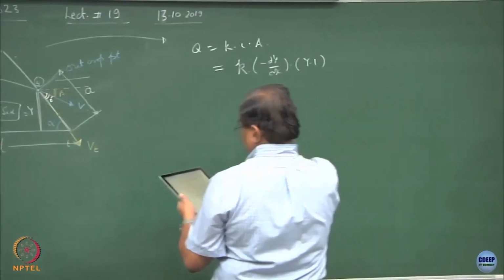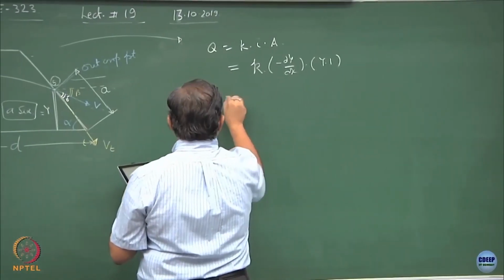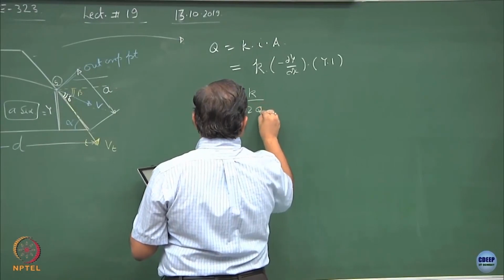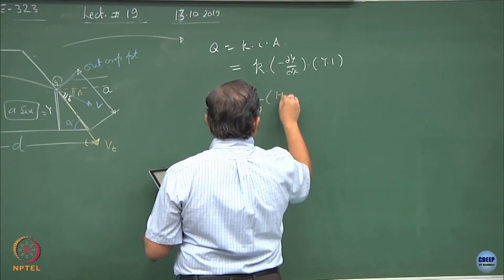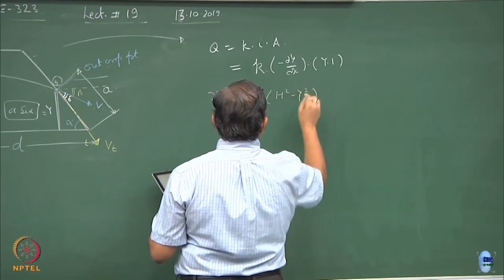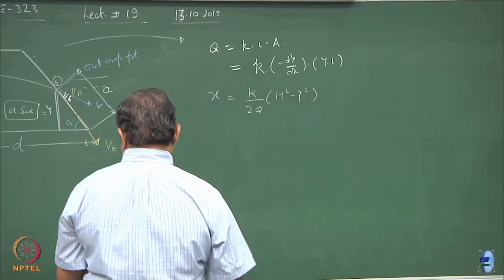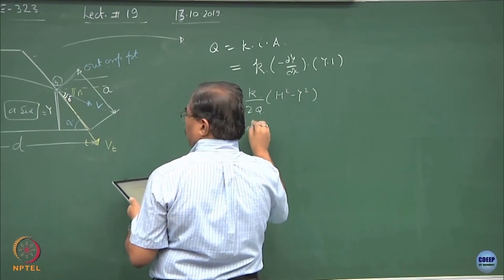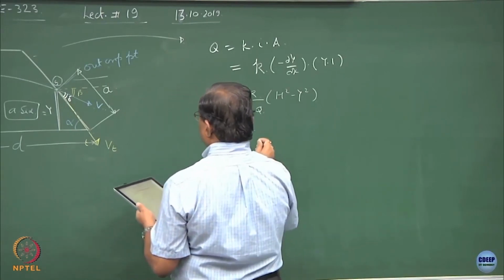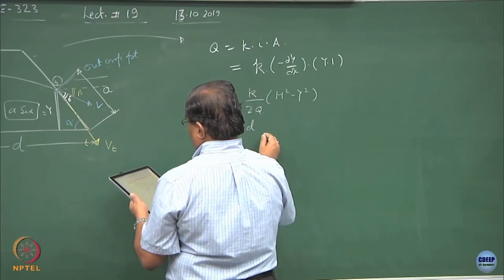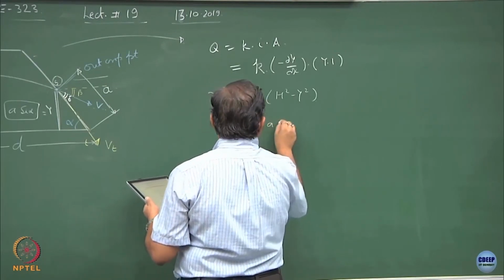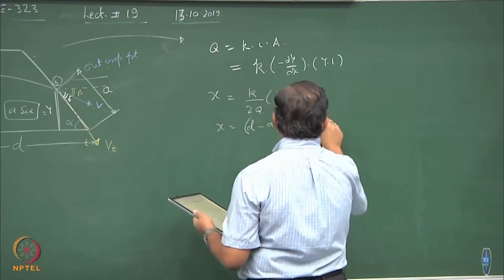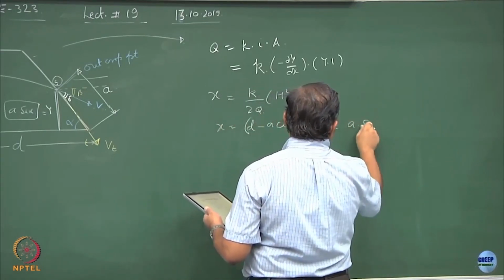Starting from this function, let us say Q equals K upon 2Q times H square minus Y square. Substitute the values, X equal to D minus A cos alpha, and at this point Y is equal to A sin alpha.